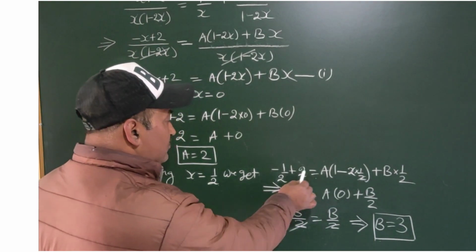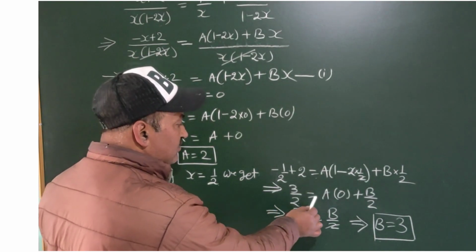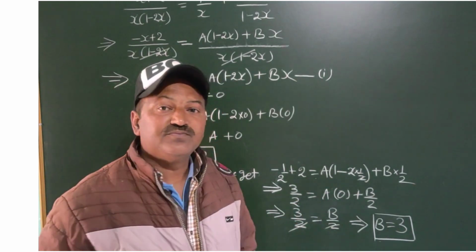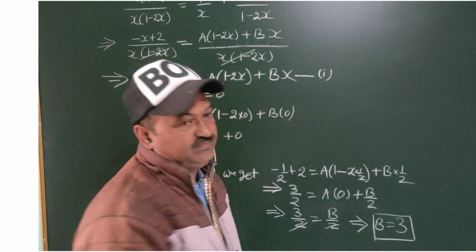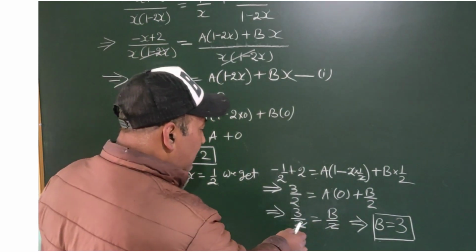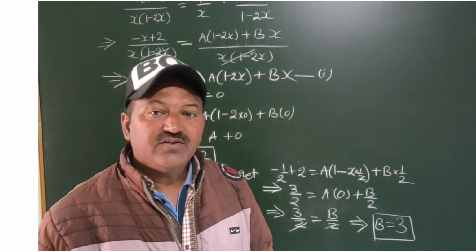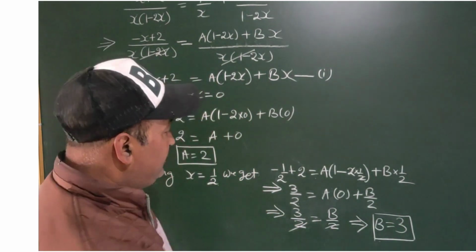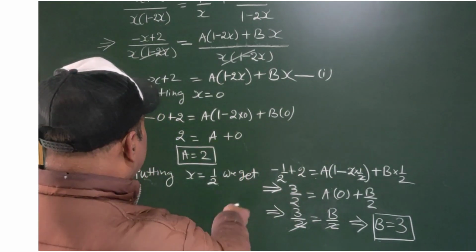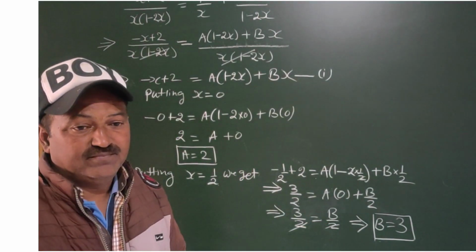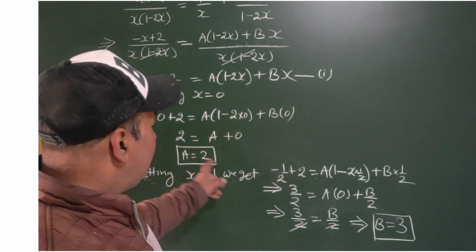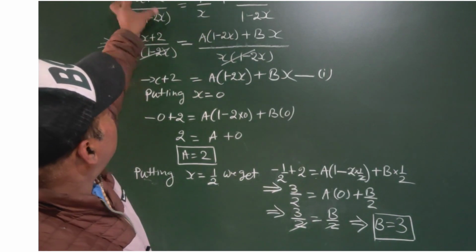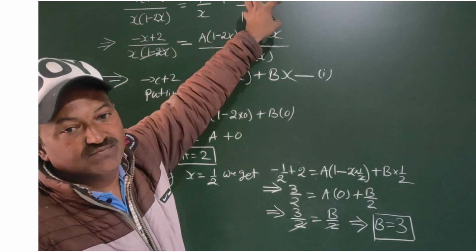Therefore, 3 by 2 is equal to A into (1 minus 1), that is 0, plus B by 2. It becomes 3 by 2 is equal to B by 2. Therefore, the value of B is equal to 3. Hence, we get the values of A and B. After putting these values in this, we will get the partial fraction of this part of the given question.